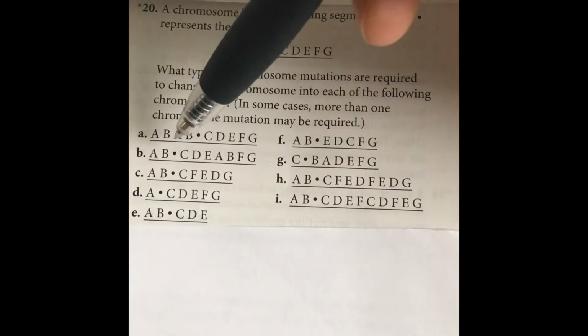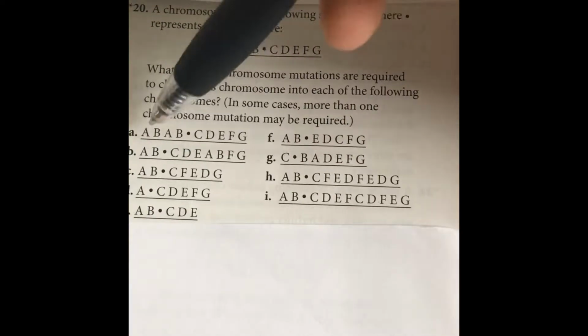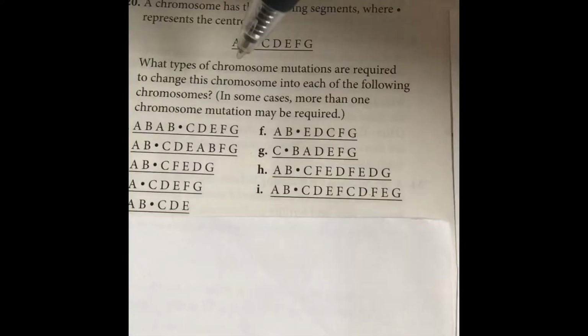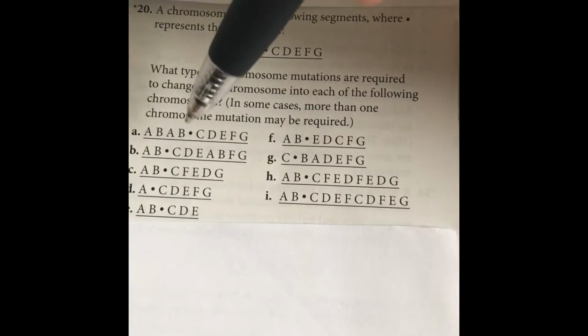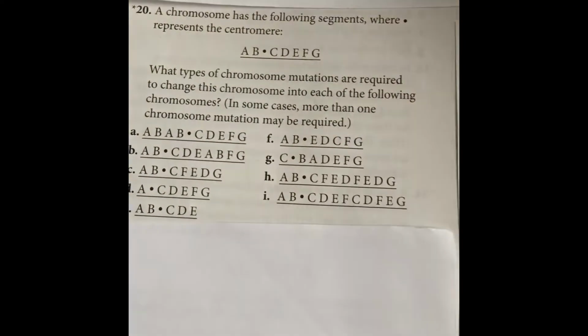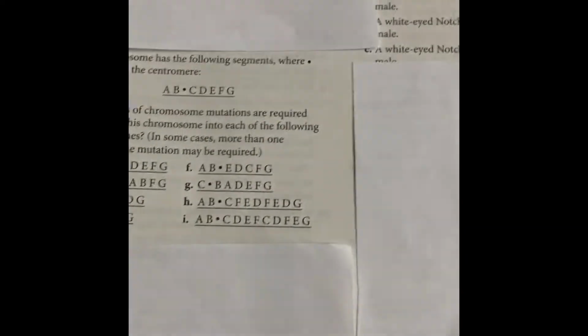Okay, so for letter A, going through, I'd immediately see there is a duplication because A and B repeat, and it should be just A, B, C, D, and go on like that, but it is also a tandem duplication. And a tandem duplication is when the things being duplicated end up being right next to each other. So AB, AB, that says tandem duplication.